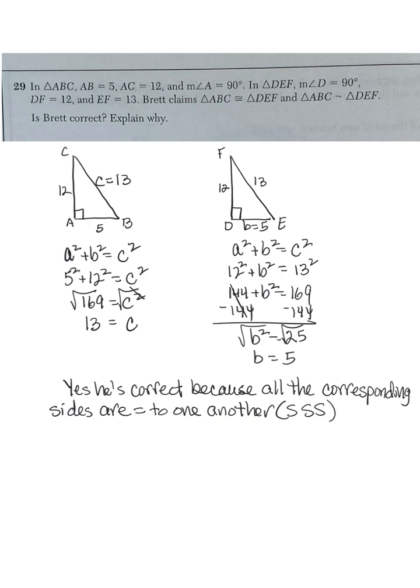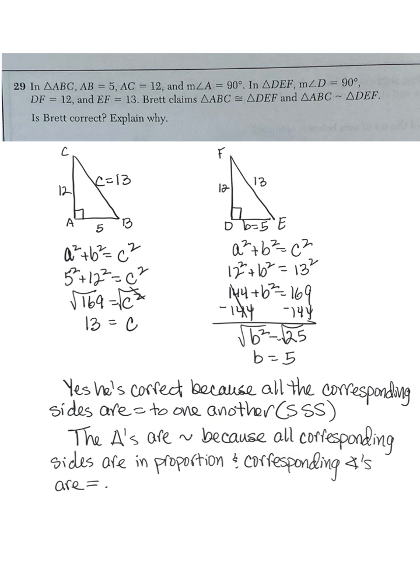Well, if two triangles are equal, then by default, the triangles will also be similar, okay? So if you look here, I said that all the corresponding sides are in proportion, meaning 12 over 12 equals 5 over 5, okay? That's a proportion.